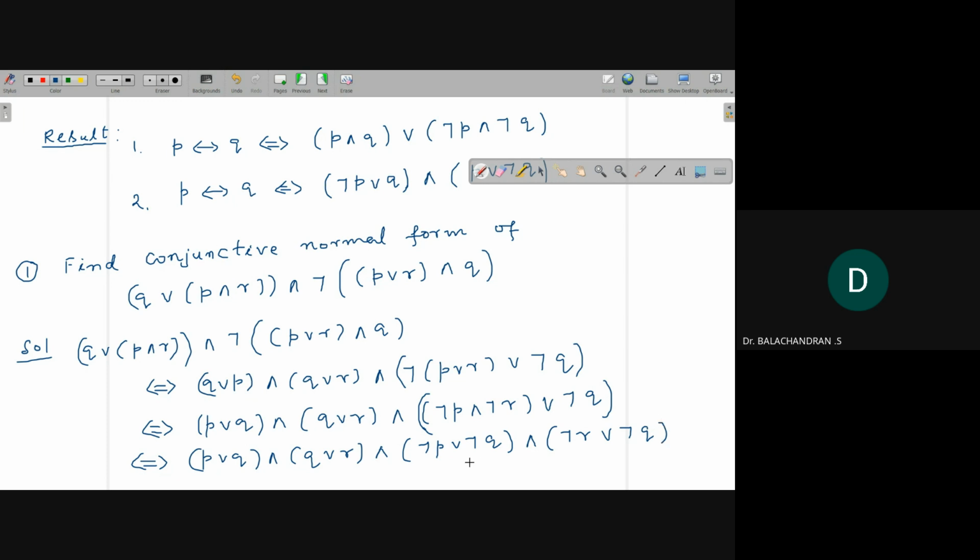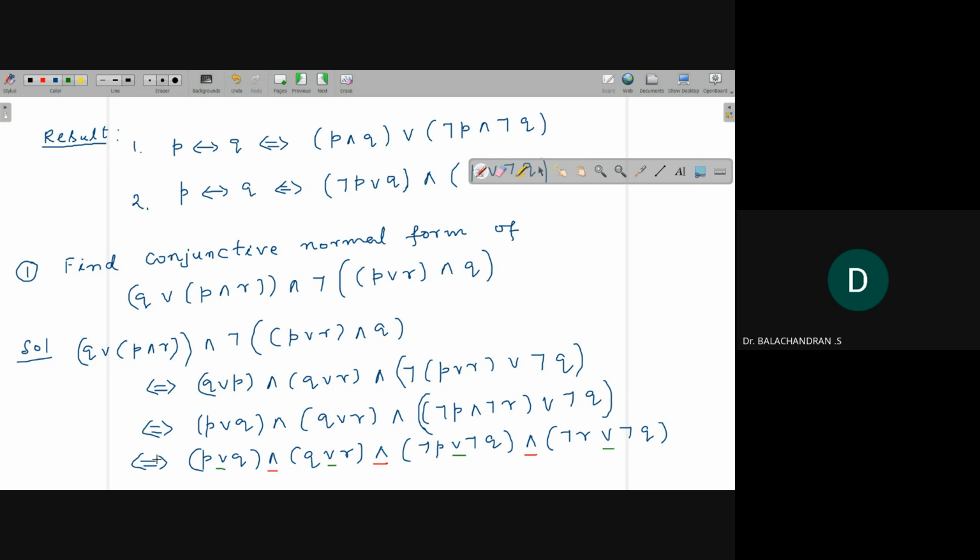So see here, these are all and. This is and, this is also and, here also we have and. And here you can see the sums. So now this is a product of sums. So this is the required CNF.